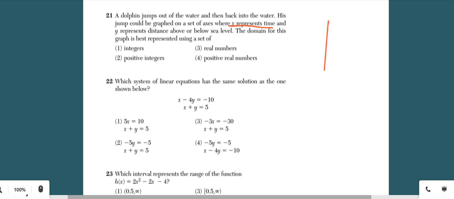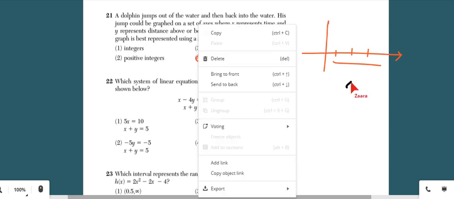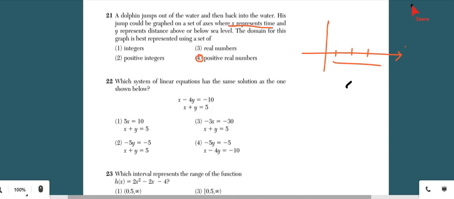So the graph would start from the origin. When time is 1 second, 2 seconds, 3 seconds, the input values are for the time. So only positive real numbers are possible for its domain. But its range could be a set of real numbers. Why? Because on the y-axis, if she moved above, we take it positive, and if she moved down, we take it negative.